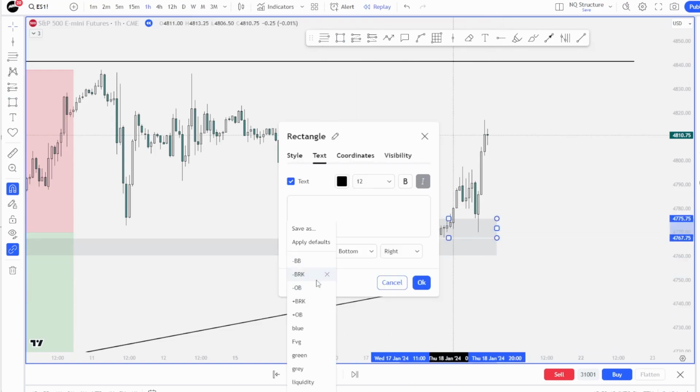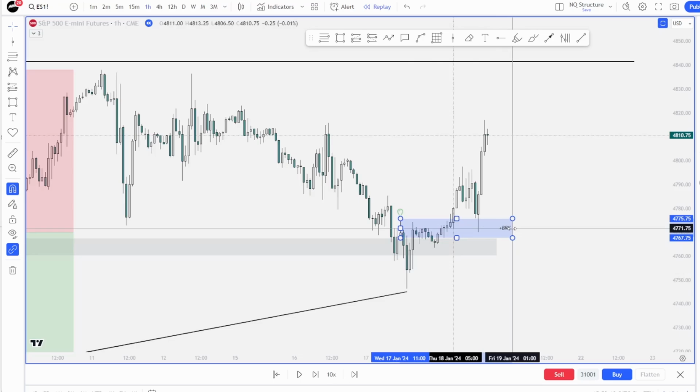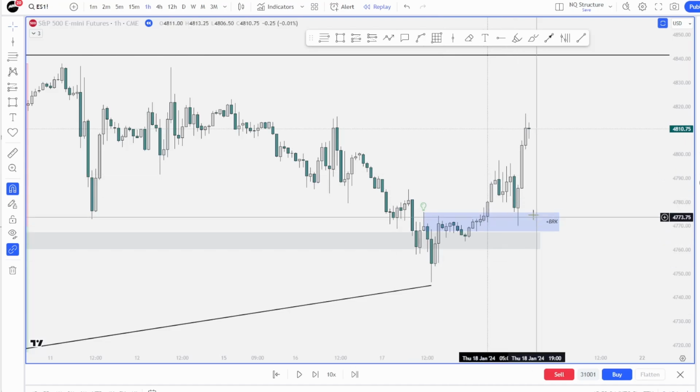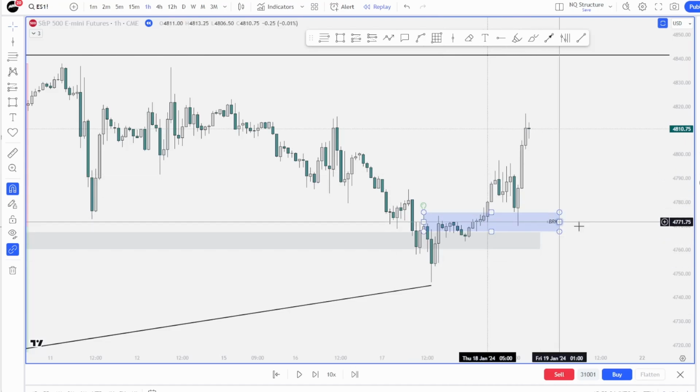So this would be labeled as our higher time frame key level in correspondence to our 5 minute chart. So we're going to drop and look at the reaction off of this hourly bullish breaker block.